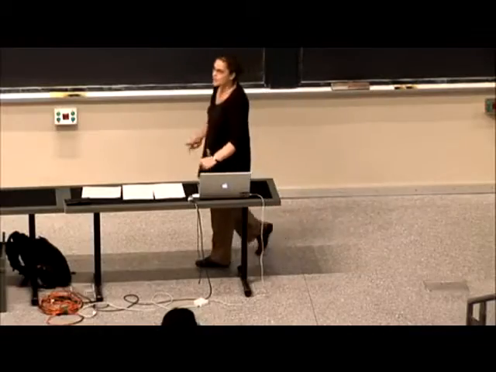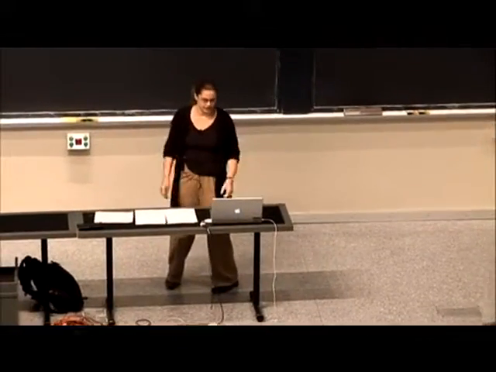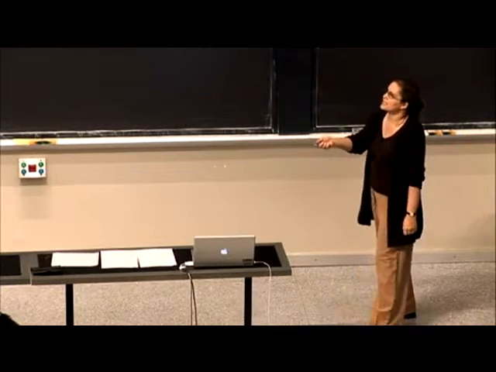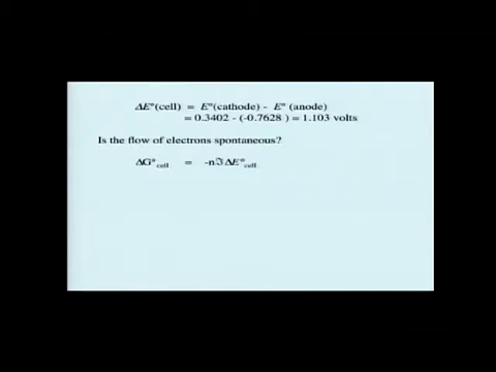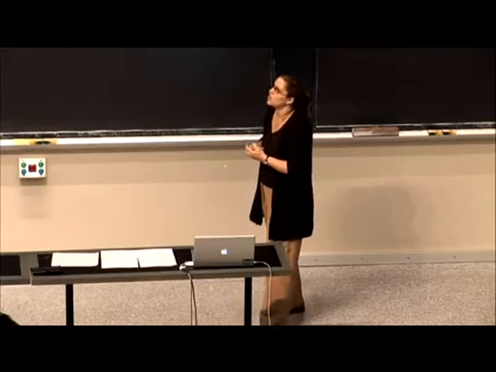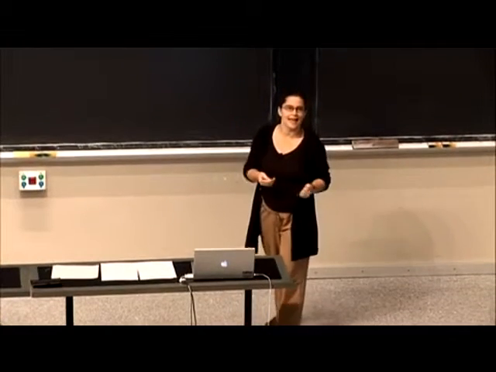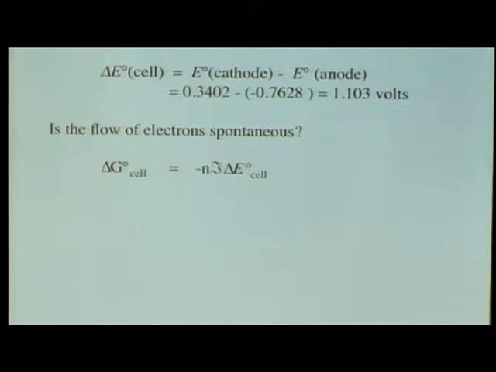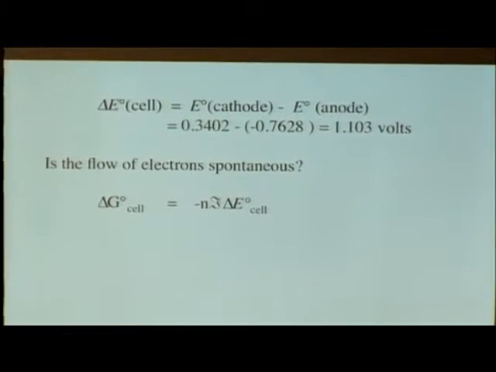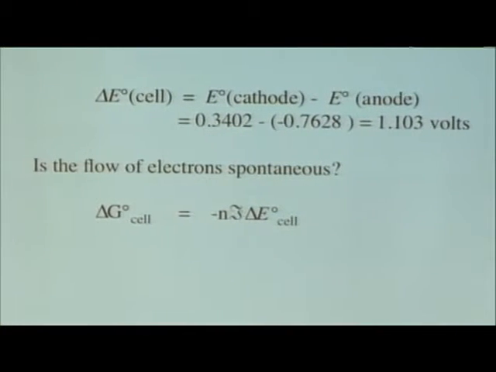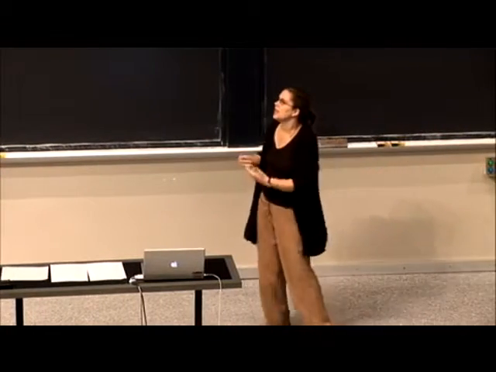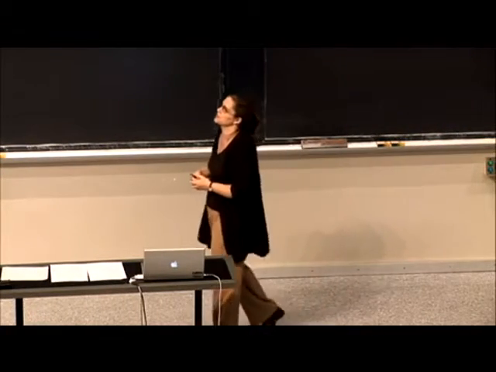We mentioned last time a connection between delta G and delta E: delta G naught for the cell is equal to minus n, here being moles of electrons, times Faraday's constant, times the delta E naught for the cell. So here, again, we're relating back to thermodynamics, back to delta G, and we're thinking about whether things are going to be spontaneous or not.